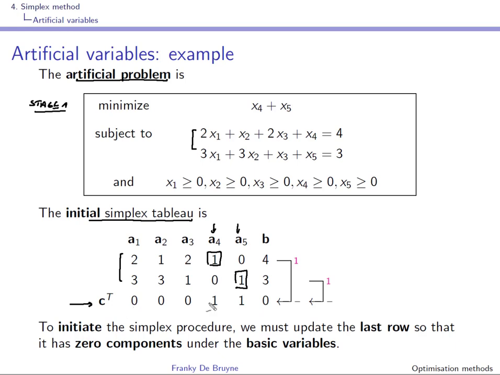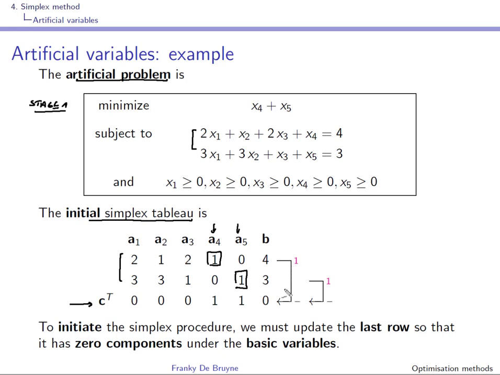We cannot start to see here which variable has to join the base by looking at this thing here, because we do not have zeros below the pivots. So what you should do is make sure that in this third line we have zeros below the pivots, and we can do this by elimination, right?